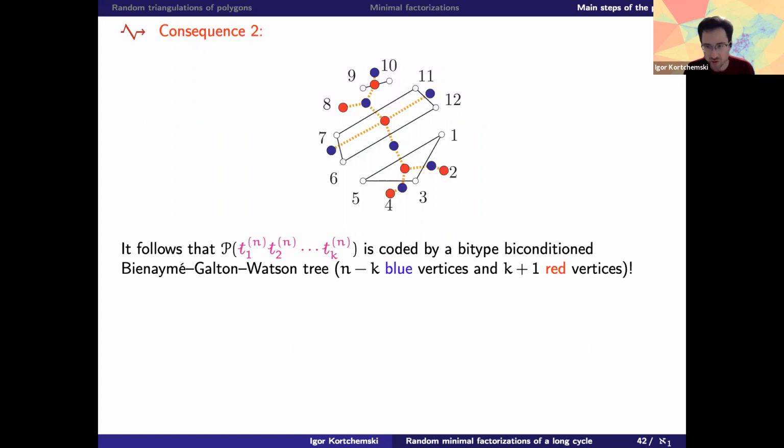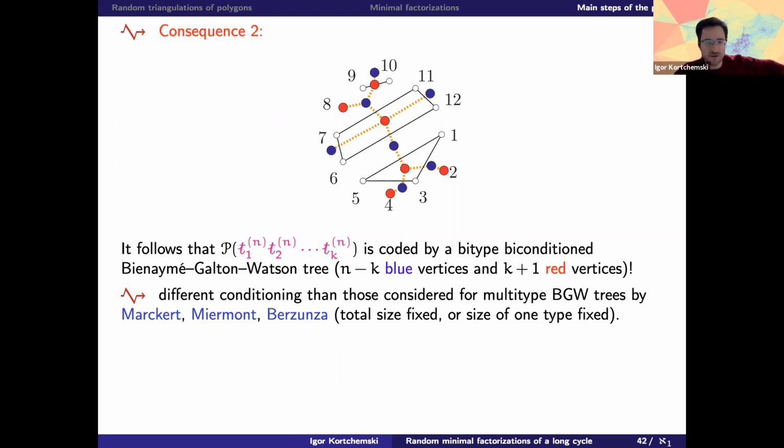So behind there is a model of, combinatorially speaking, simply generated trees, where you have weights depending on the degrees, but there are two types, red, blue, and the number of red vertices is fixed and the number of blue vertices is fixed. And this is a different conditioning than those considered for limits of multi-type Bienaymé-Galton-Watson trees, where generally either the total size is fixed or just the size of one type is fixed.